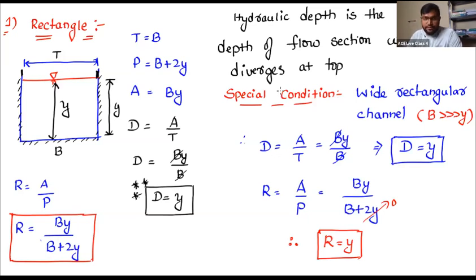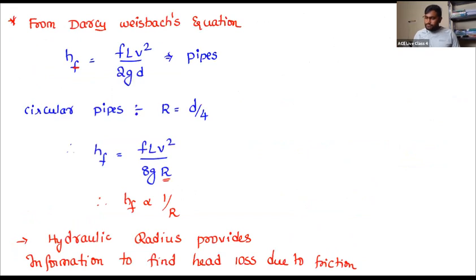In the examination, if I am the paper setter, instead of giving a rectangle, I give you a wide rectangular channel. What is the R value? It is y. And whether it is a normal rectangle or a wide rectangle, what is the hydraulic depth? It's the average depth, and as long as it is a rectangle, the average depth is going to be y. Now, that's the next one.